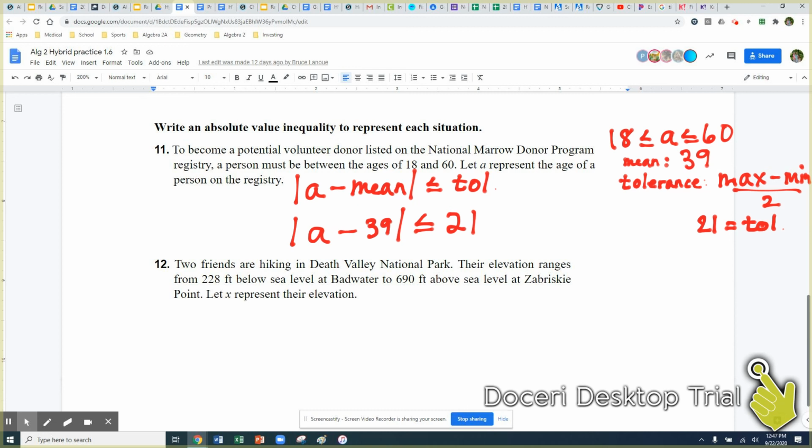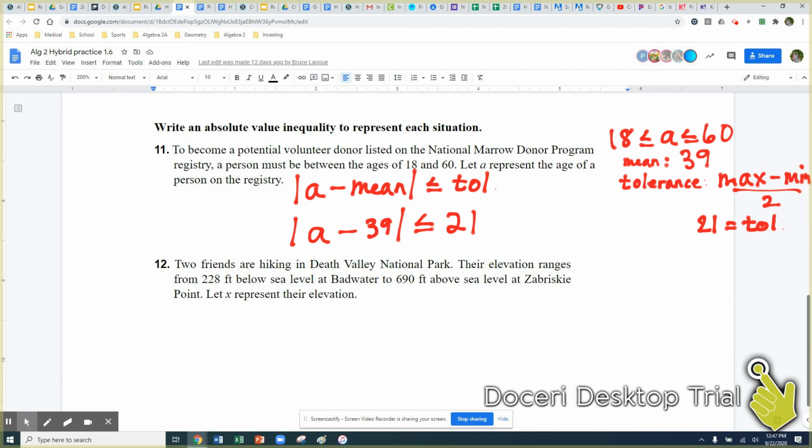Is 36 within that tolerance? No, you're outside. So you have an absolute value inequality that finds your age compared to the mean, and then finds out whether that is within the 21-year tolerance that we have.